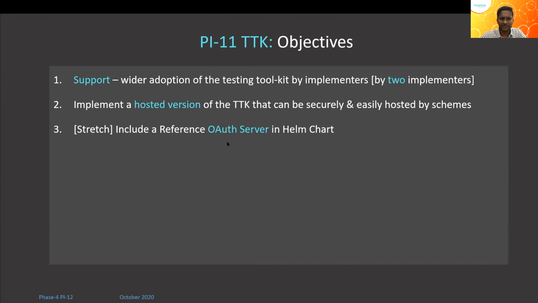So these are the objectives that we started out for PI 11. Support a wider adoption of the testing toolkit by implementers. So here we went a little bit ambitious with Michael's motivation. The way that we wanted to showcase or prove that we achieved that was by having two of our implementers come to this session.